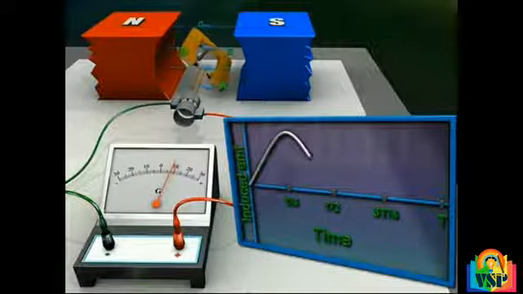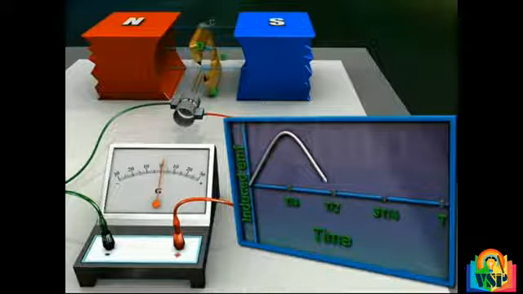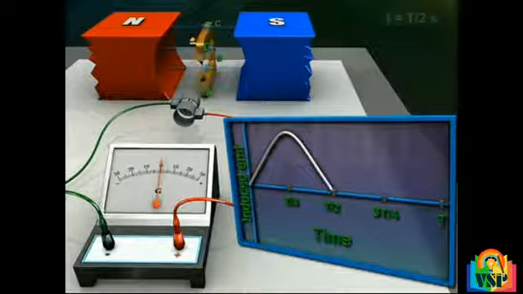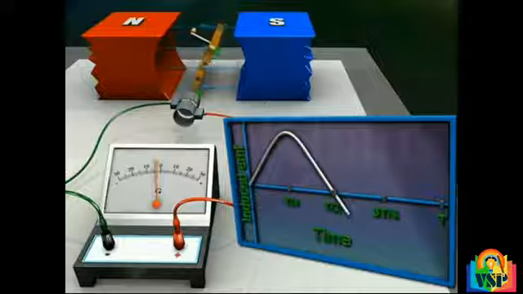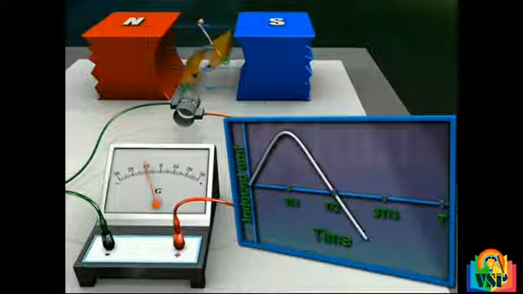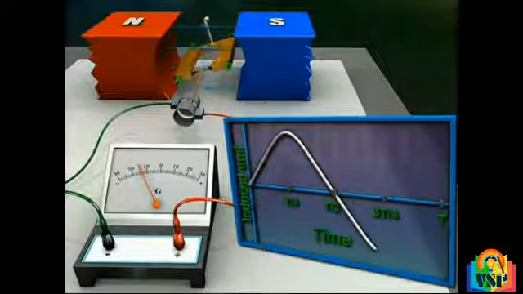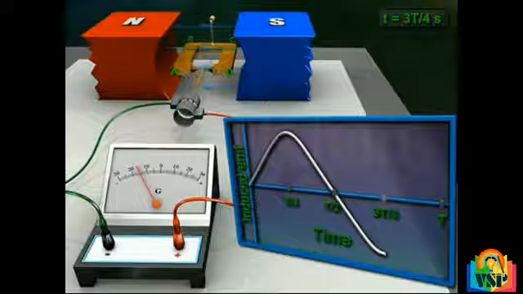Again, as the angle increases, the EMF value continuously decreases. It becomes 0 for half rotation. Of one half rotation, the value is 0. Again, in the next half rotation, the value increases in the opposite direction, means negative way. In the negative manner, the value is increasing.